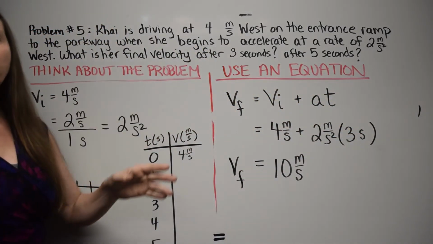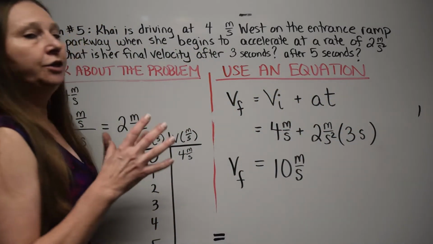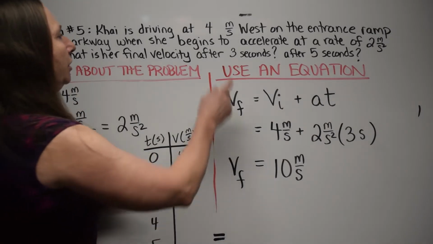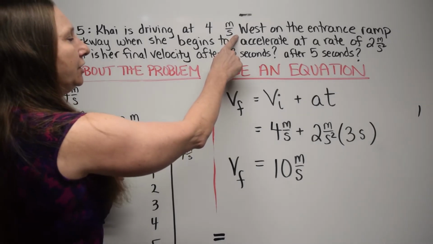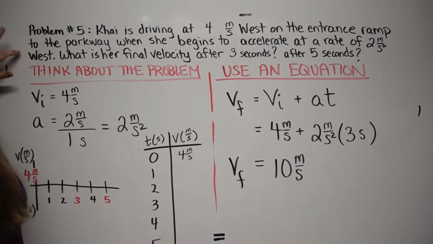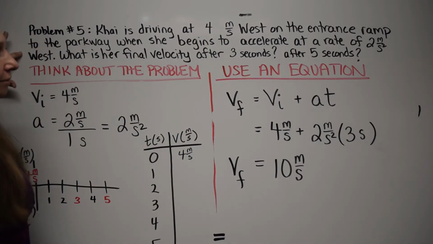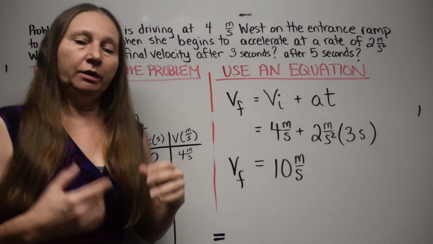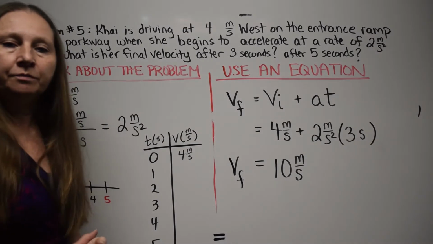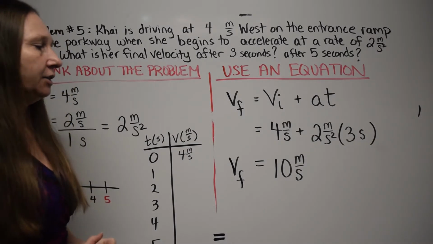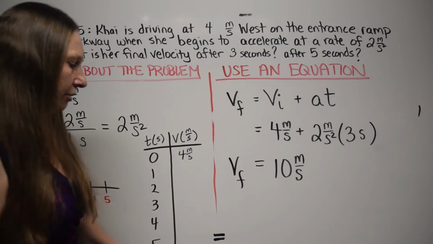Now, you want to notice right away that we don't have a problem with directions because everything is the same direction. Her initial velocity, she's driving west, and her acceleration is also to the west. Because we only have one direction that we're talking about for all of our vectors, we're not going to worry about positives and negatives when we get to the equation.